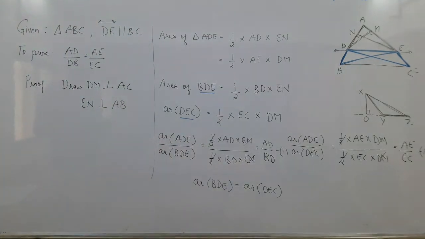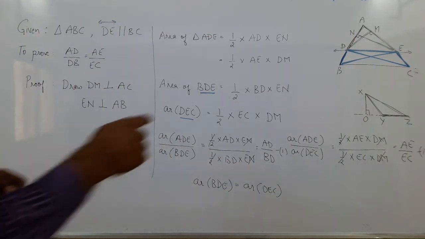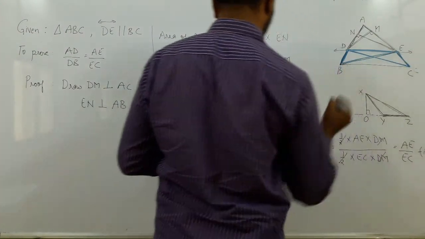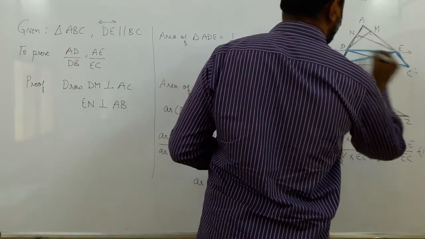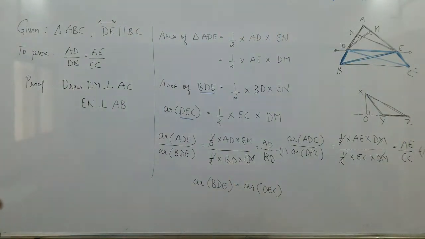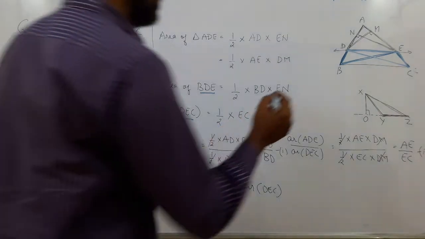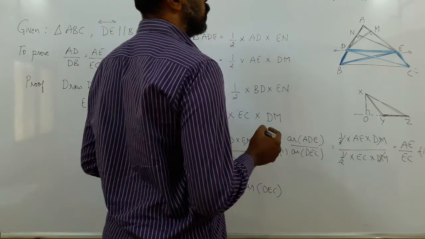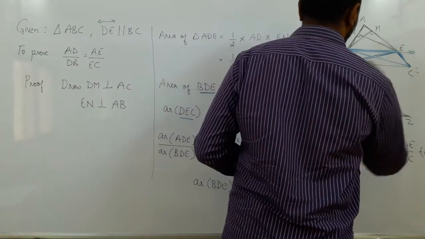But why are they equal? See here, again I will draw BDE and BEC. These two triangles I am saying are equal. Why are they equal? Because they have the same base DE. DE is the base common to both, and they lie between parallel lines.